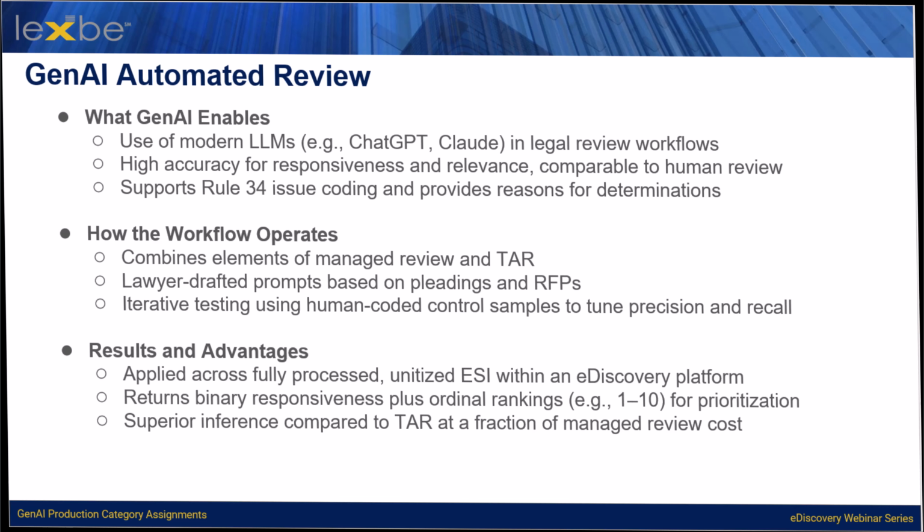The control sample would include responsive and non-responsive documents, and then use the human coding as a test for the accuracy of the GenAI prompt. After review of control sample determinations, the prompt language can then be revised as needed and tested recursively until adequate precision and recall is achieved.